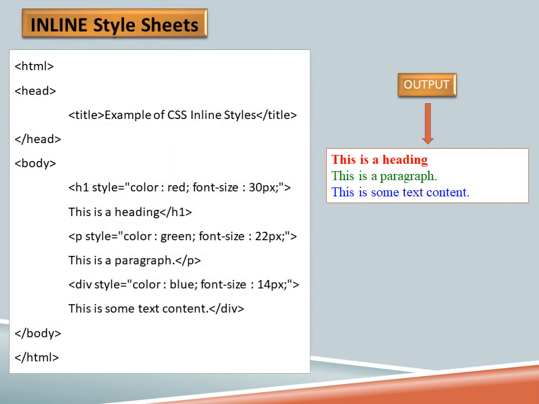Each declaration must be of the form property colon value pair, and if more than one property is being defined, then they should be separated by a semicolon. Like here, we have separated it with a semicolon, like color red, then semicolon, then font size colon 30 pixel and semicolon, and it should be enclosed within the double quotes.